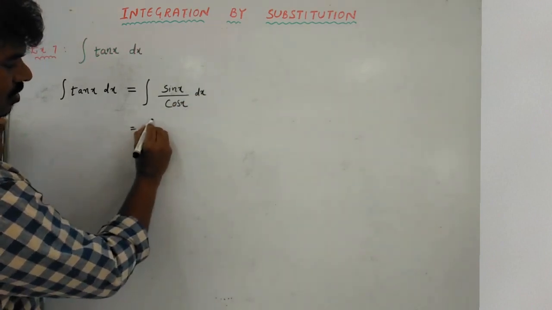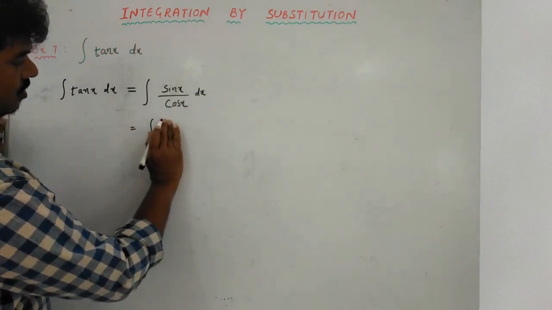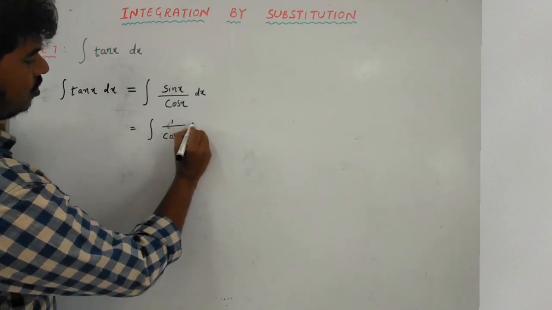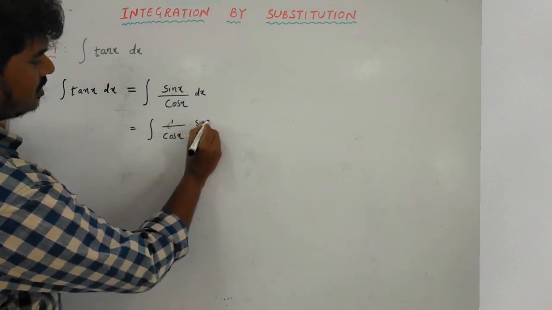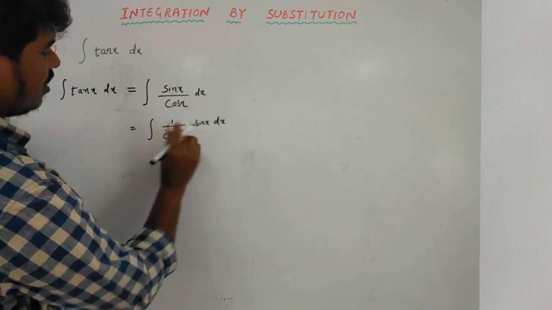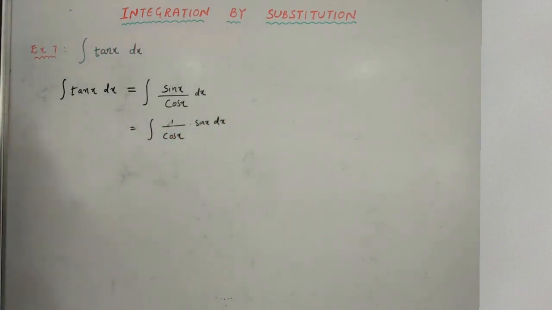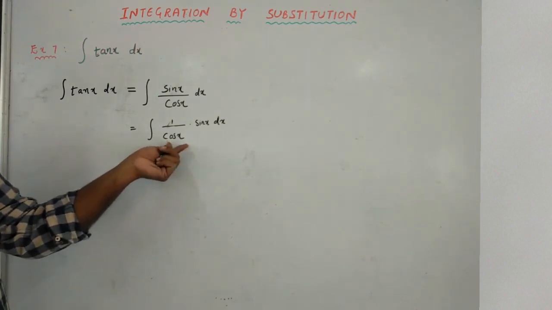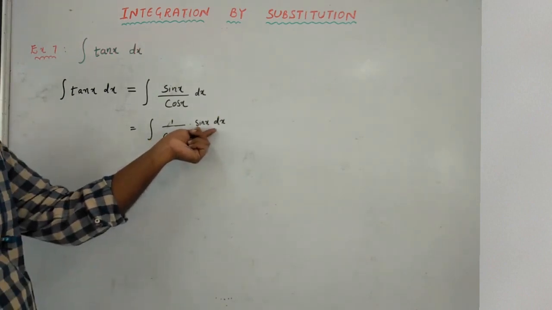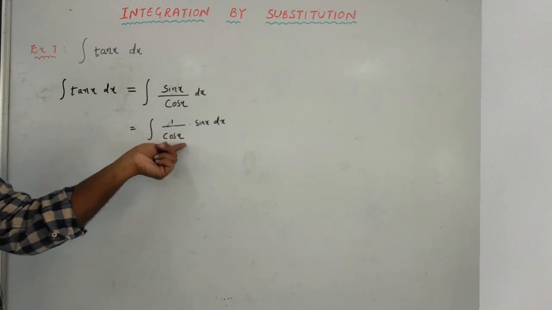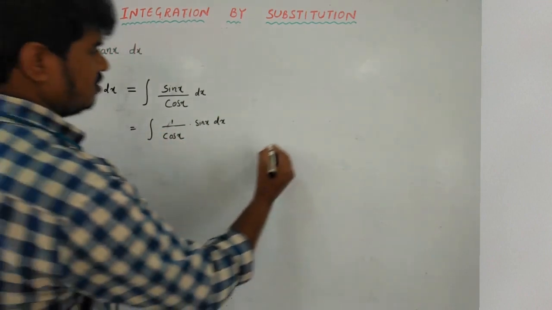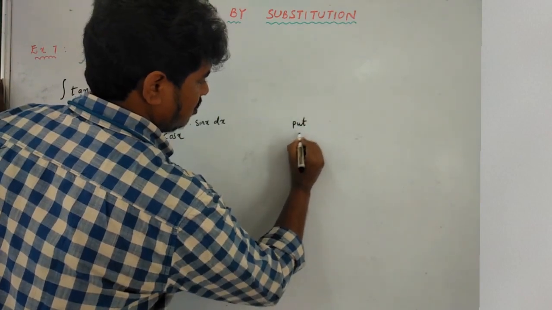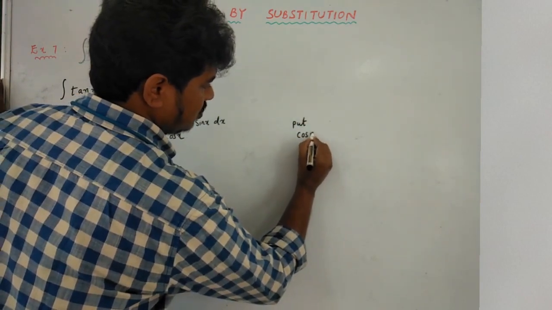This is equal to 1 divided by cos x into sin x dx. Here I am going to take cos x as t. Don't take sin x as t. Just take cos x as t. Put cos x equals t.